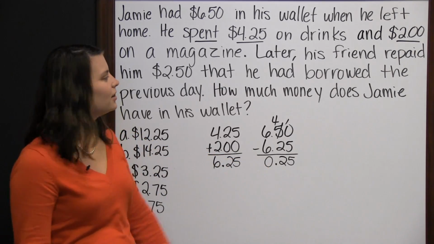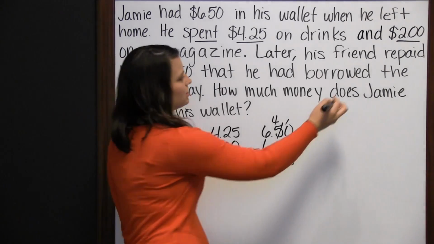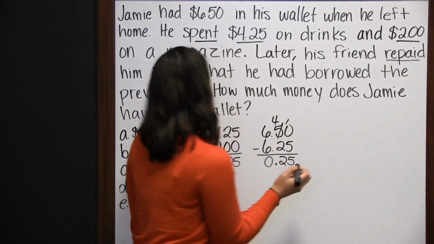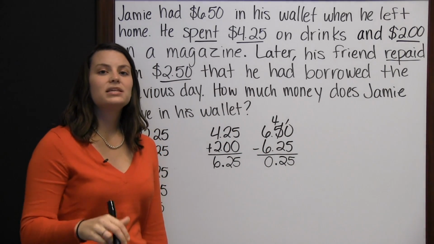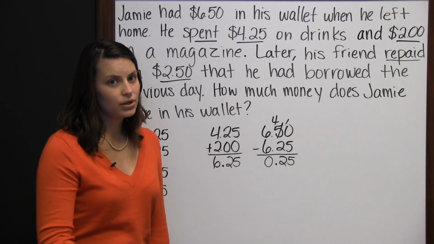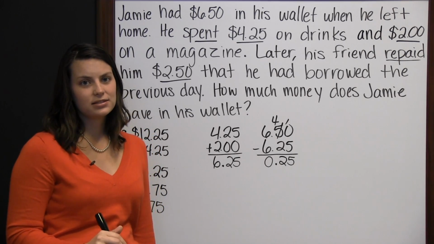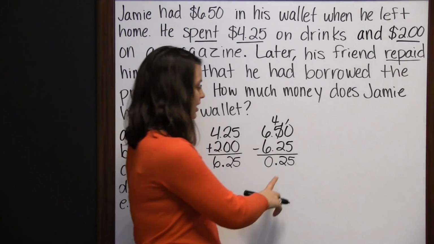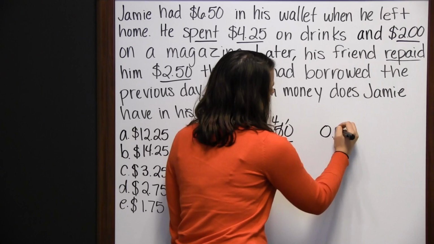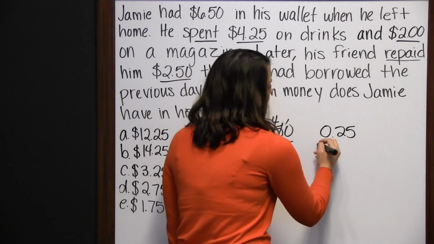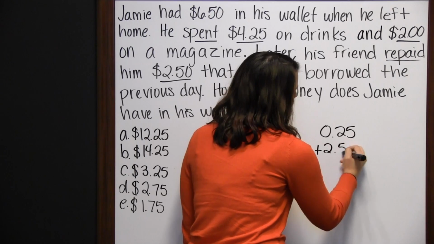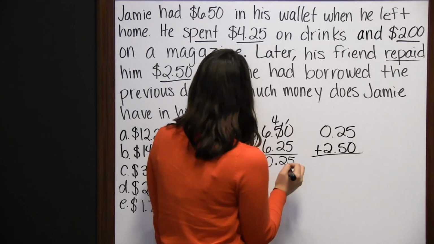But his friend repaid him $2.50, which means his friend gave him $2.50. So that's money that's added to his total. So now I'm going to take what he had after he spent his money and add the money his friend gave him.